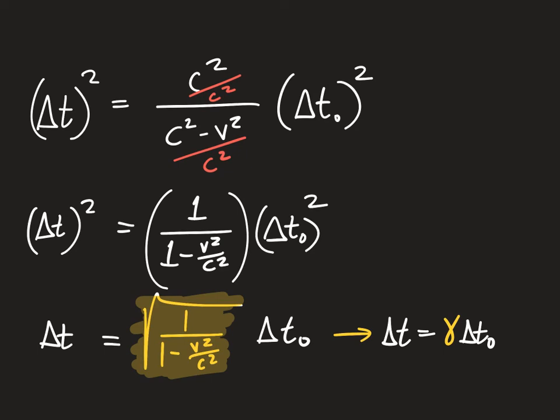And this is called the Lorentz factor, some fellow named Lorentz, okay? And basically it converts one time into another time. It converts proper time, the time measured by an observer at the location where the event happened, into another frame of reference based on relative speeds, the speed of an object relative to the speed of light.